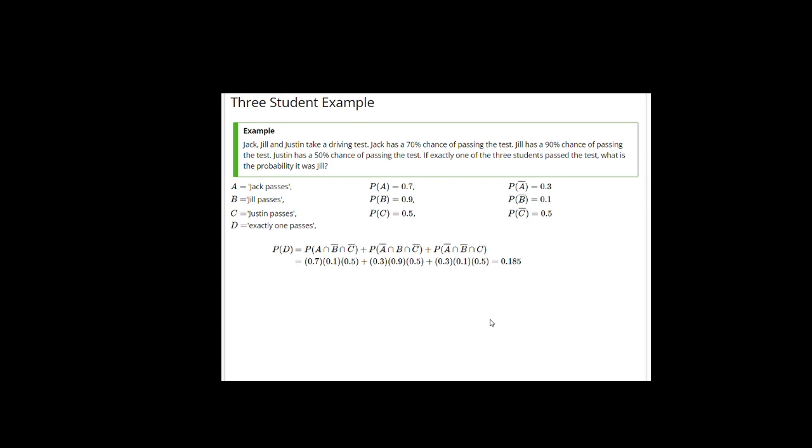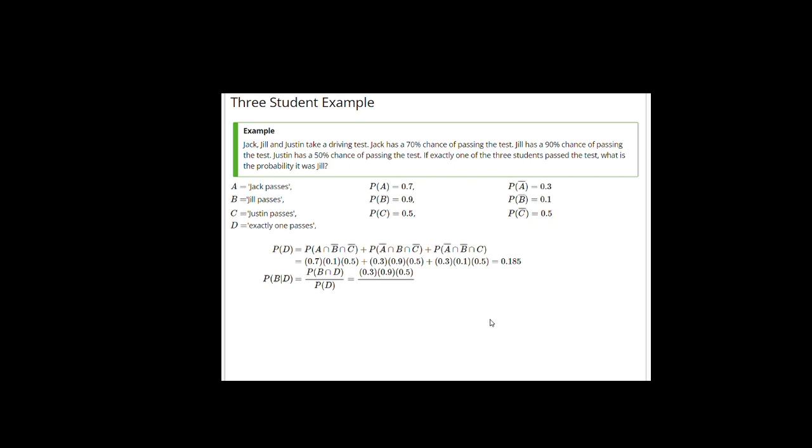D is the event that we wish to condition on. Given that one of the 3 students passed, what's the probability of the event B, that the student that passed is Jill? What's the probability that Jill passes and exactly one student passes? That's the probability of B intersect D. 0.3, the probability that Jack fails, times 0.9, the probability that Jill passes, times 0.5, the probability that Justin fails.